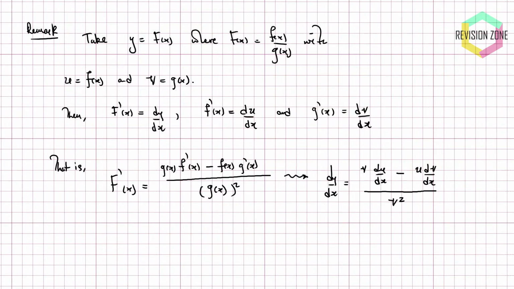So let's take lowercase f to be u and lowercase g to be v. Then it's pretty clear that if I differentiate capital F with respect to x, that's the same thing as dy by dx in terms of the Leibniz notation. If I differentiate lowercase f of x, that's the same thing as du by dx, and if I differentiate lowercase g of x, that's the same thing as dv by dx.